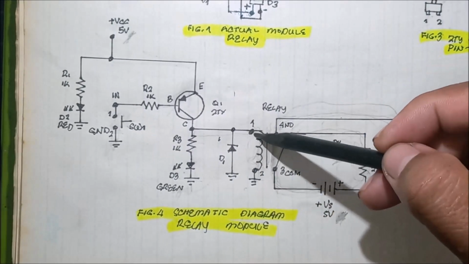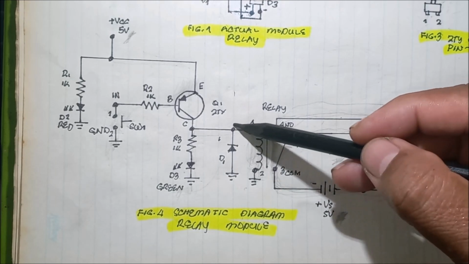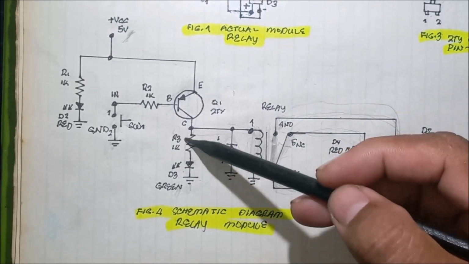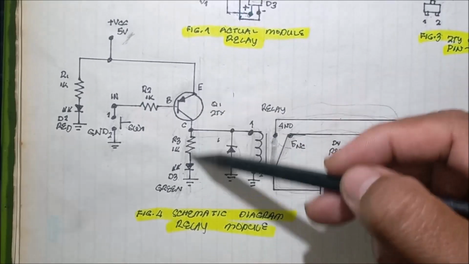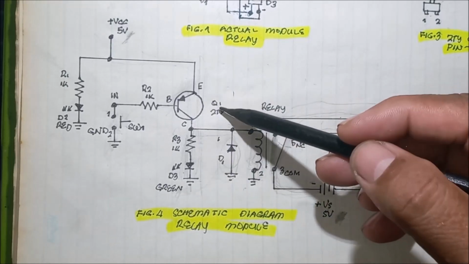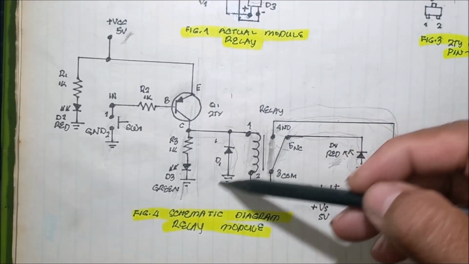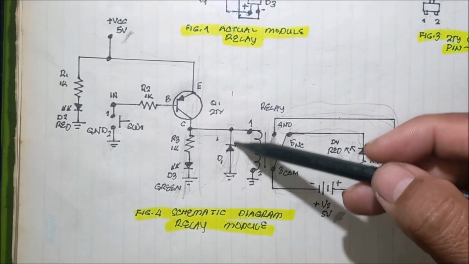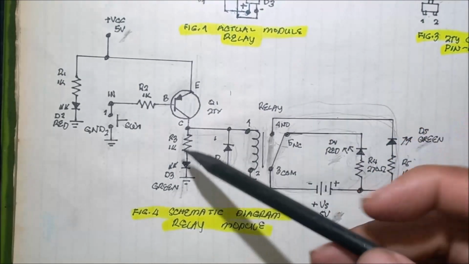And because we activate the relay, the green LED turns on because the transistor is switching on to the ground. And the clamp diode helps to prevent a voltage spike in the circuit.